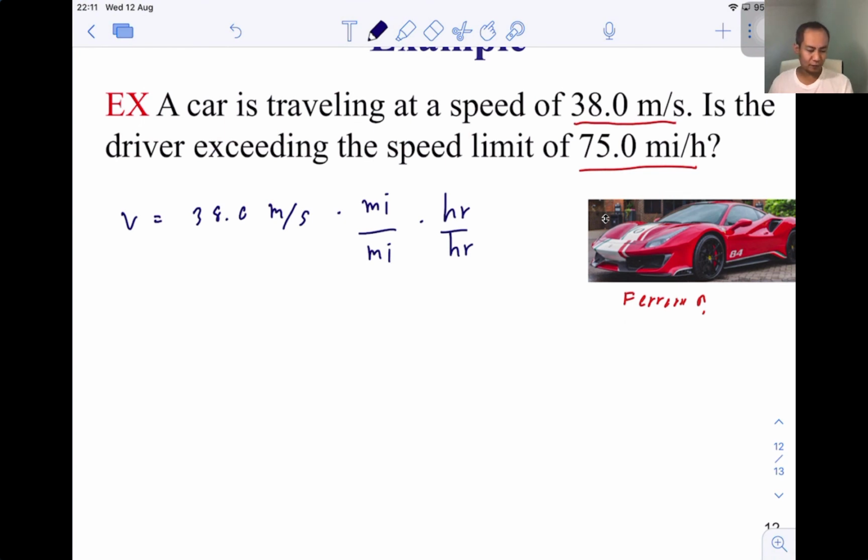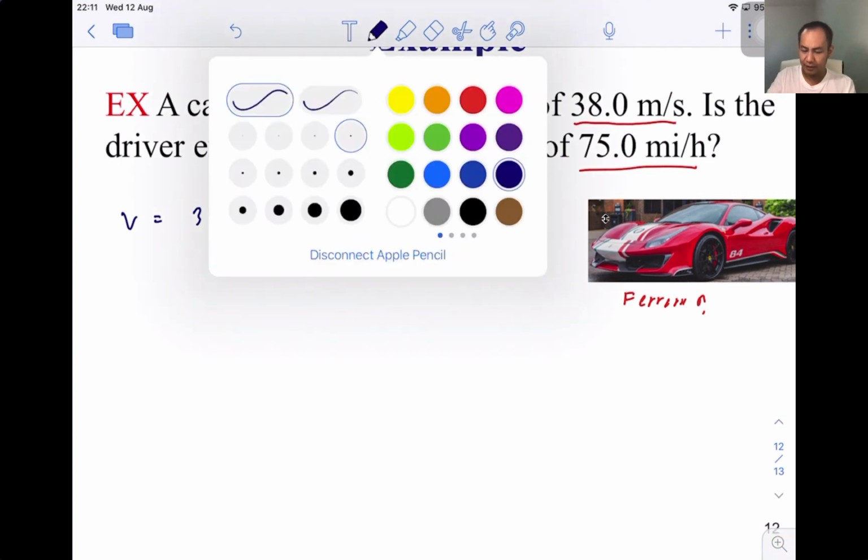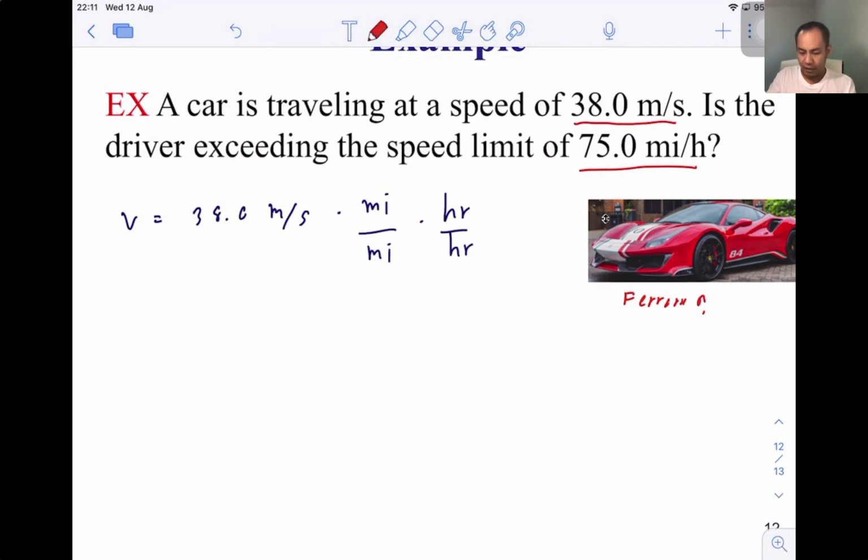But we have to convert. We need miles per hour, so we have to convert hour and mile to become meter and second.